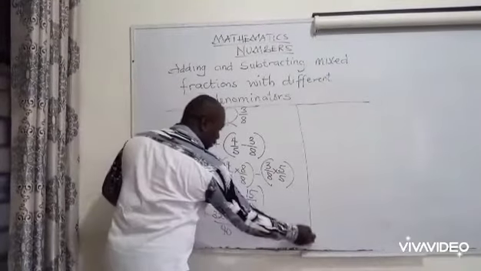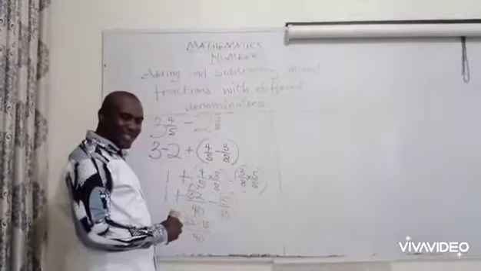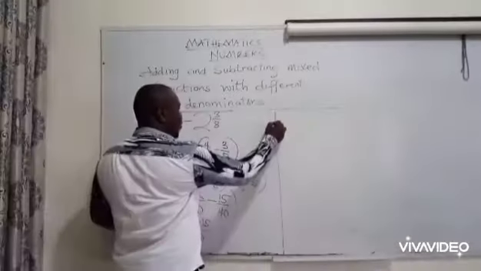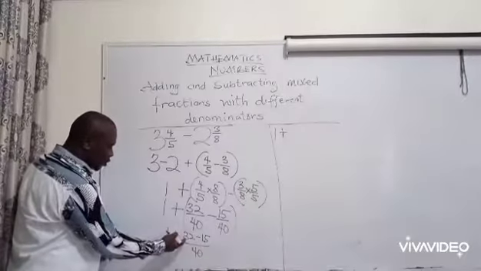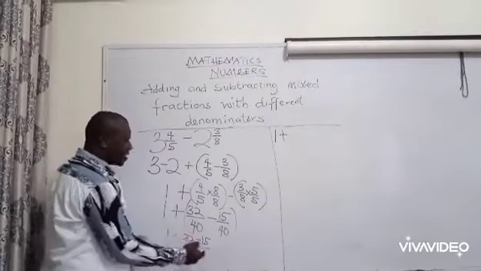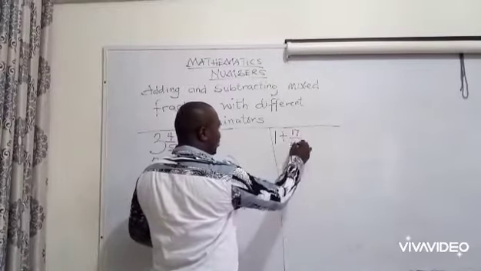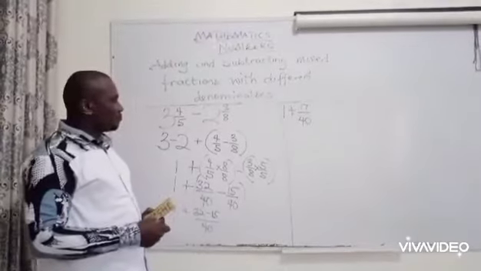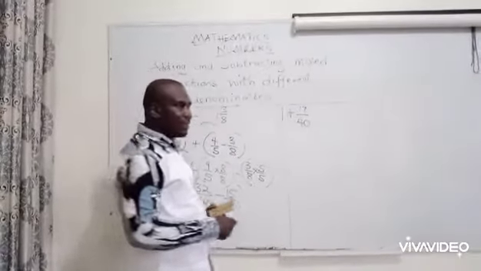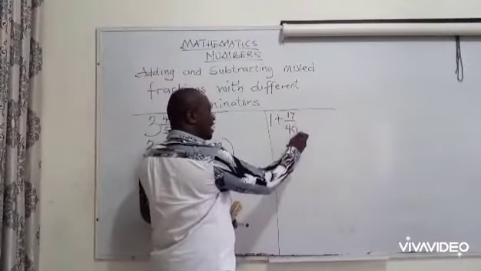Let's continue here. Please don't forget your whole number once again. One whole number plus 32 minus 15 gives us 17 out of 40. There is no number that can divide 17 and 40 at the same time.